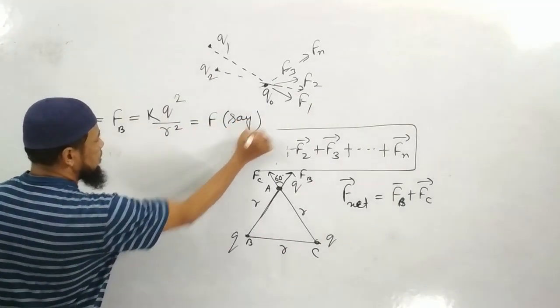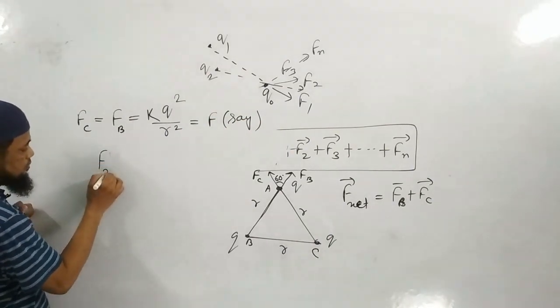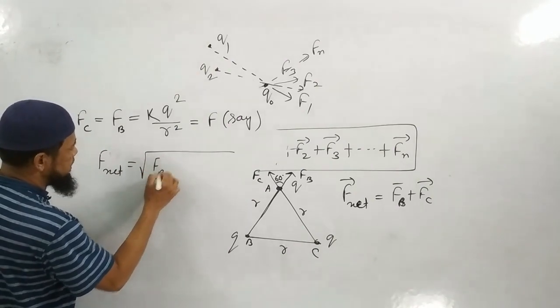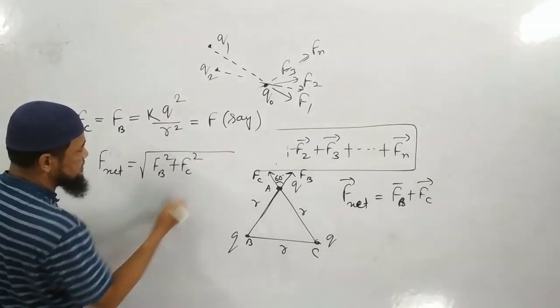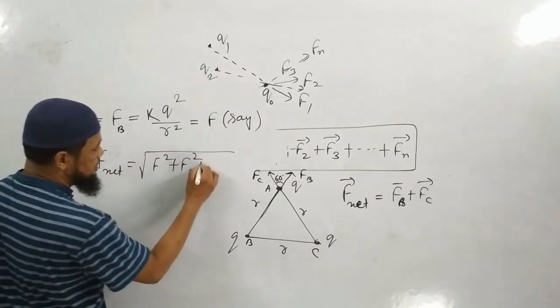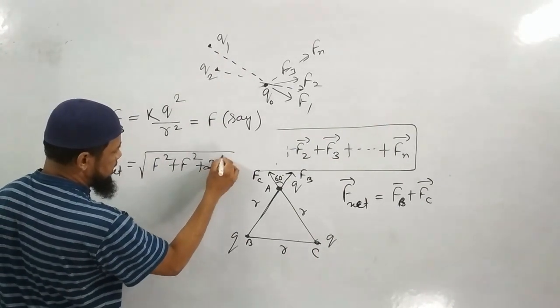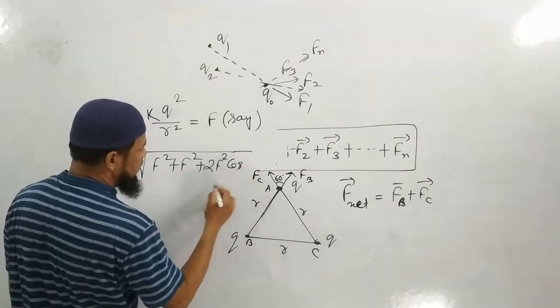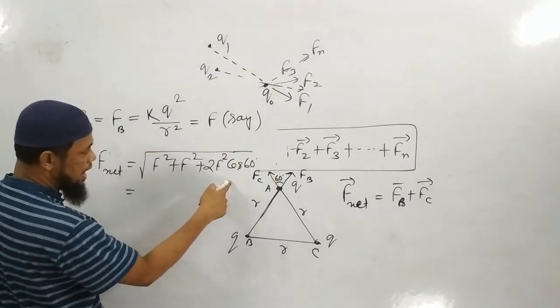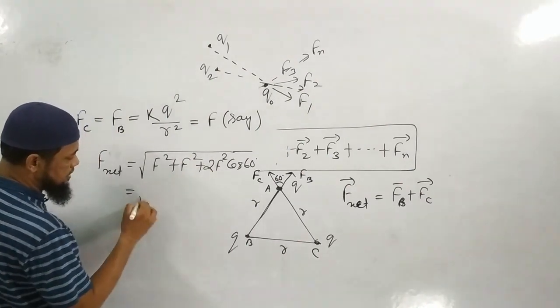Then what will be the net force? Force net will become square root of FB square plus FC square plus twice FB into FC cos of the angle between them. FB and FC, both I can call equal to F. Cos how much? 60 degree. Cos 60 is equal to half. Half and 2 will get cancelled out.